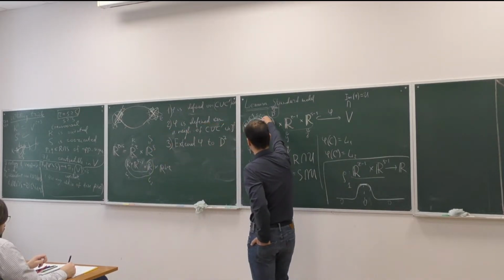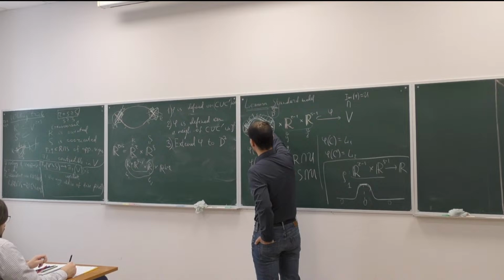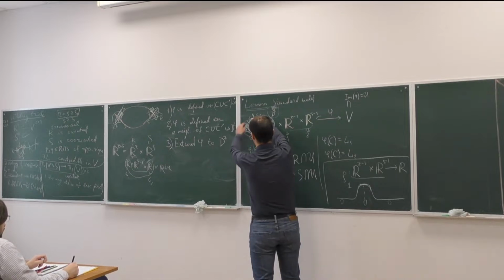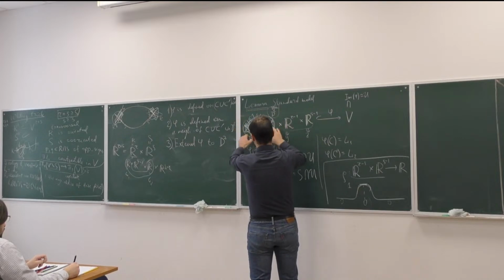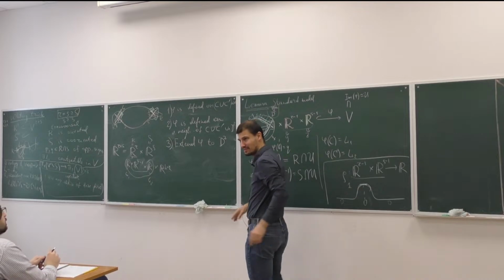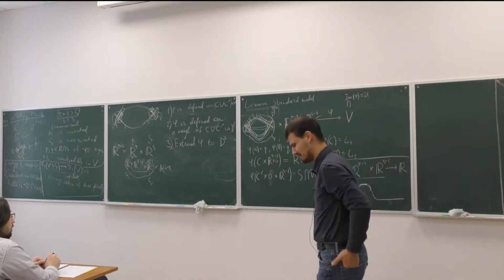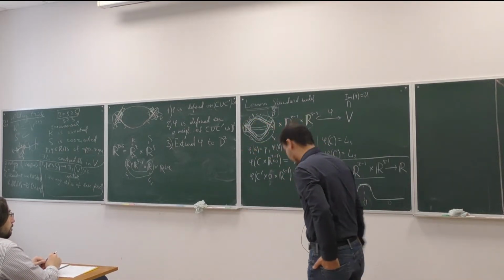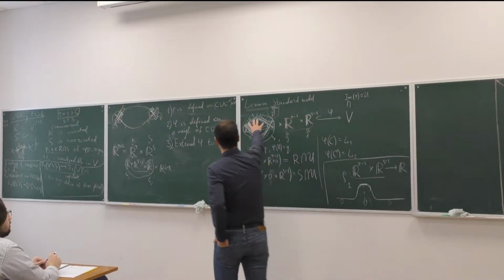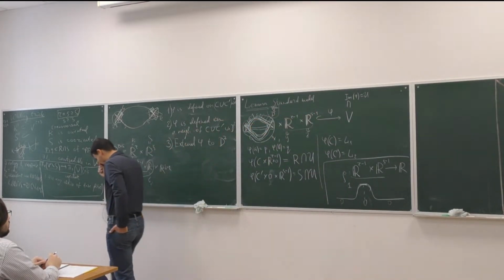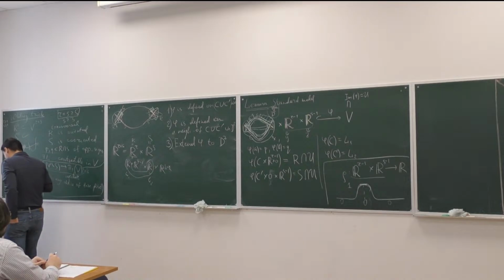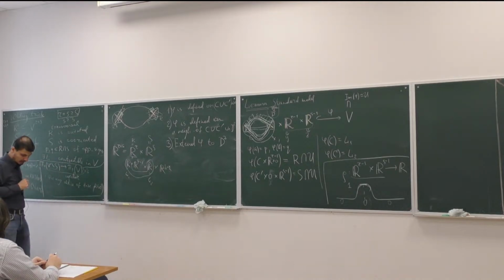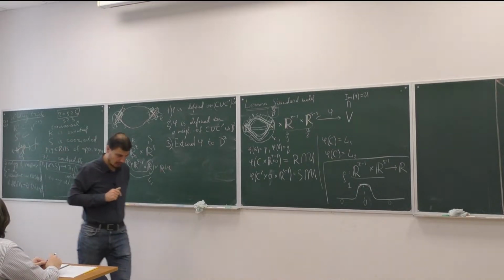I can always assume that I need to extend on the inside. Here I just can choose my disk to be this one. So I only need to extend it inside the disk. And here, what do we see?